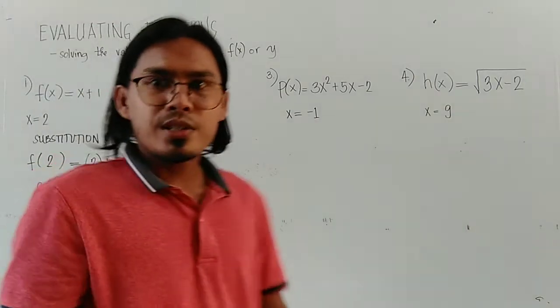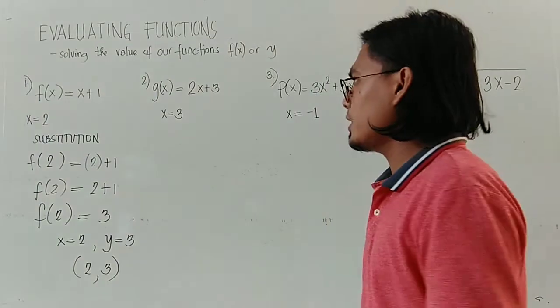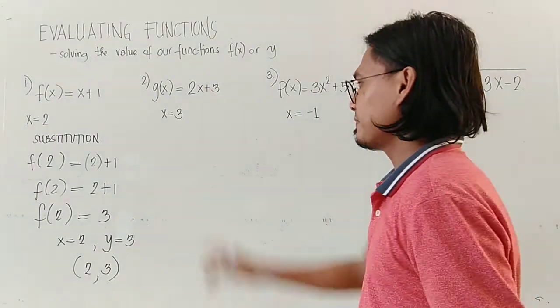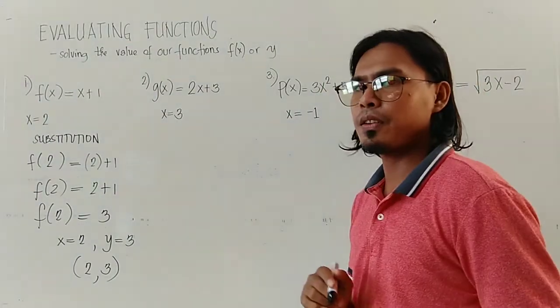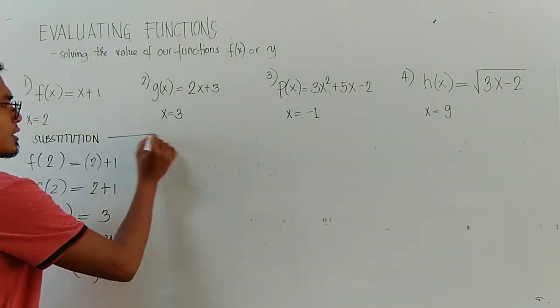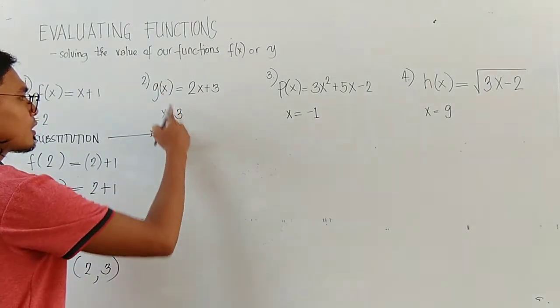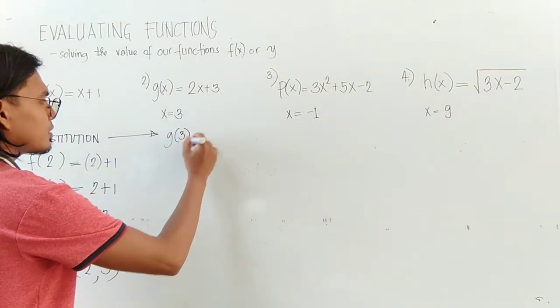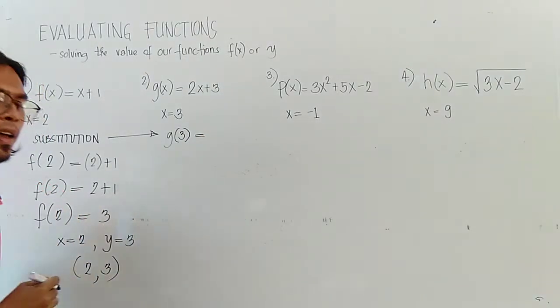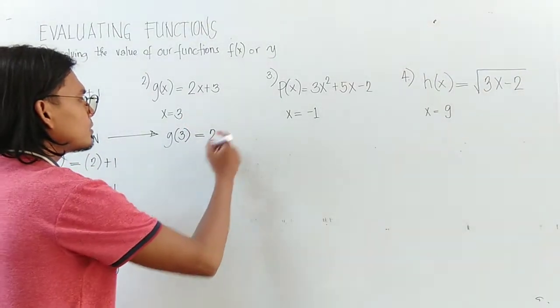Okay, let's proceed to example number 2. So example number 2, we have g of x equals 2x plus 1, where x is equal to 3. Then, again, let us substitute. So we have g of, input or substitute 3 to the value of x. Then copy 2.